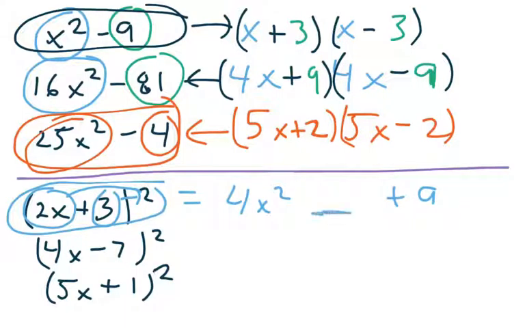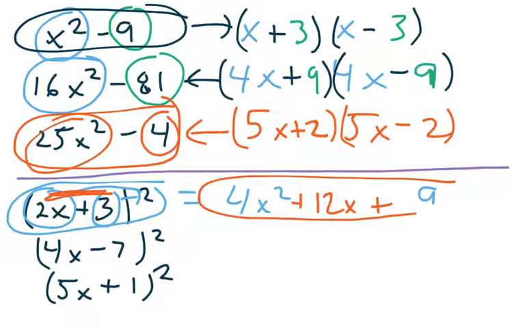Now notice I left a space in the middle there, because part of the pattern is, I know I'm also going to do 2x times 3, 6x, but it's going to be doubled, 12x. And I, using the pattern, guys, just multiplied that. So my final result is 4x squared plus 12x plus 9.